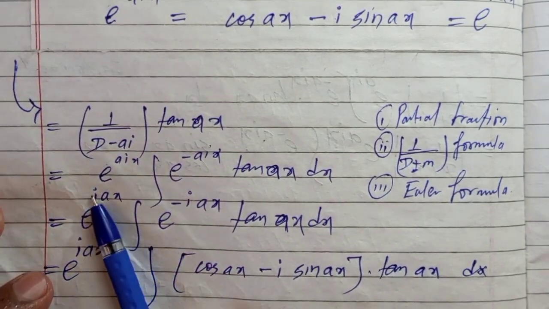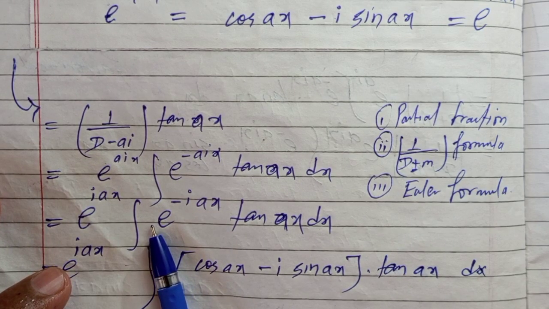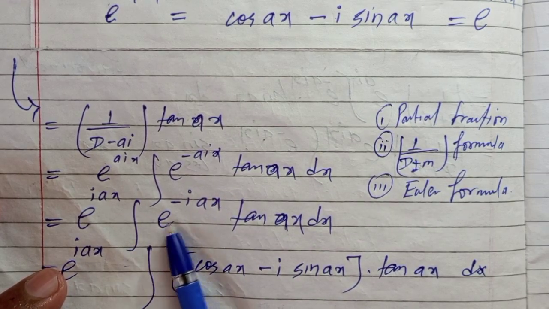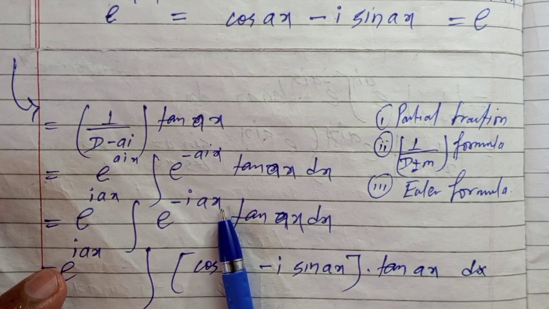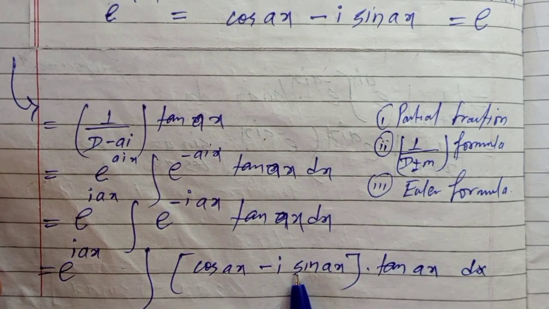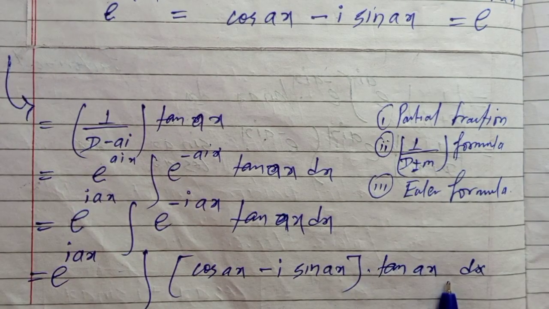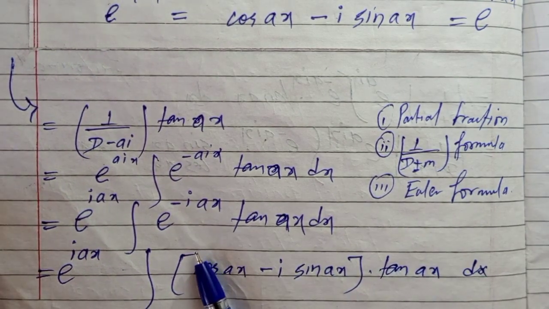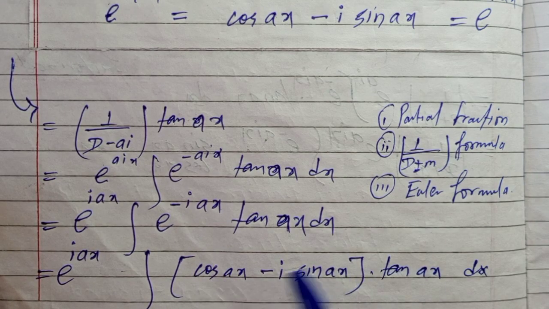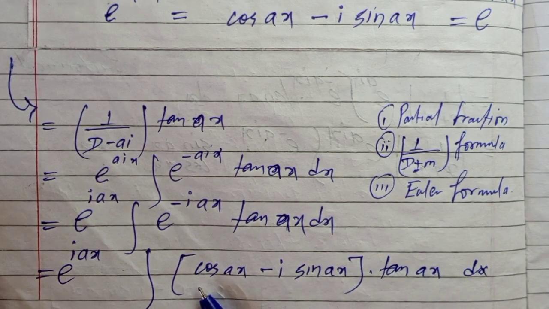This one is just a multiplied form, which is no matter, but inside the integration we use the Euler formula. Here e to the power minus iax has the value cos ax minus i sin ax, into tan ax. If you try to solve the integration by another method, you will be stuck very badly. So we have introduced the Euler formula concept to solve this integration easily.